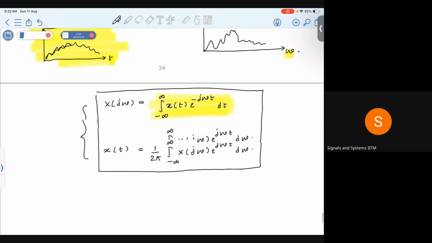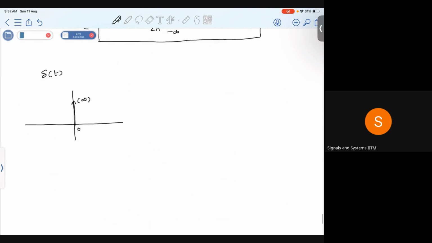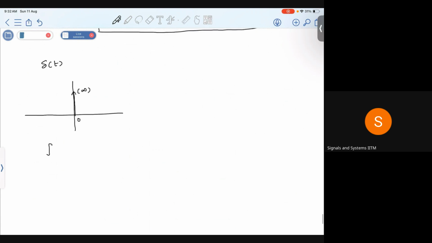For example, del of t is a complicated signal to understand, right? Because what is del of t? It has infinite area at 0. All we know about this function del of t is that the integral from minus infinity to infinity of del of t dt is 1. This is all we know about the del of t function.